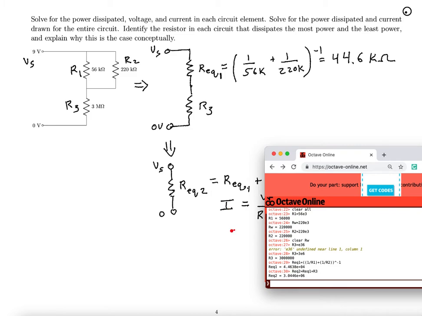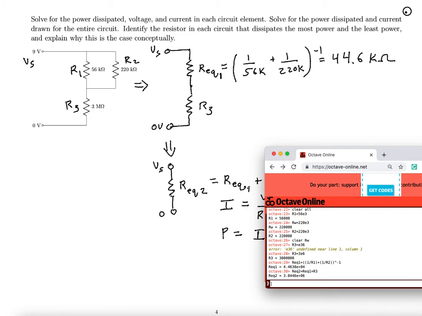And the total power in the entire circuit must be I times Vs, but that would be the same, using V equals IR, as I squared R. Don't have I yet. We could use, though, P equals IV, or I equals V over R, so that would be V sub S squared over R equivalent 2.